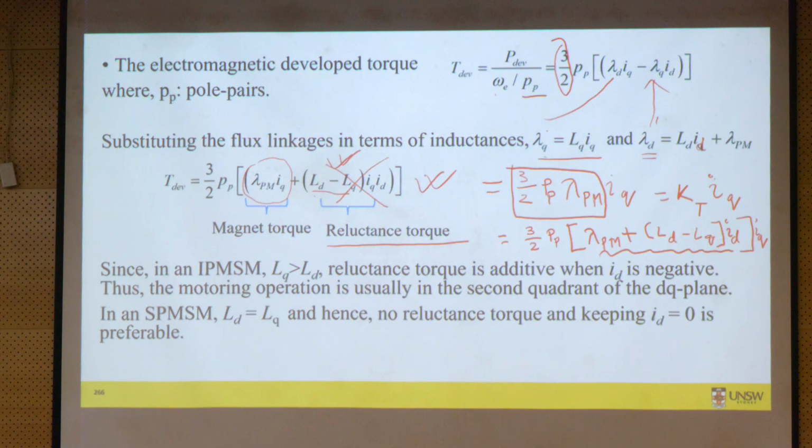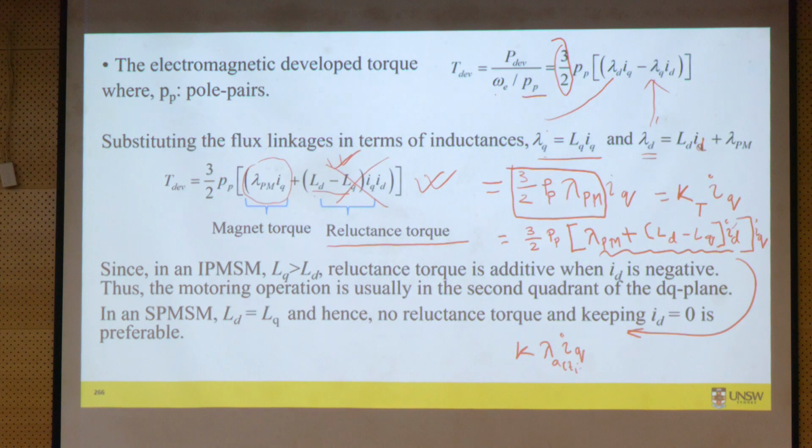This is like a flux, but in IPM machine, this flux may not be a constant, because by changing ID current, we can vary this flux, okay? So this equation we can think of as a variable flux times IQ, or active flux.